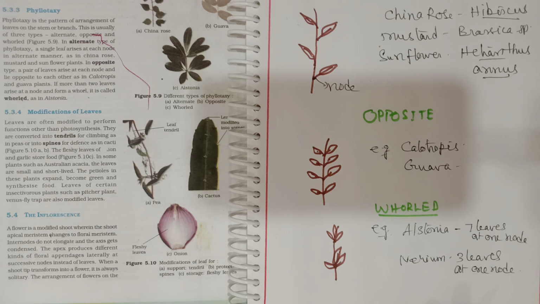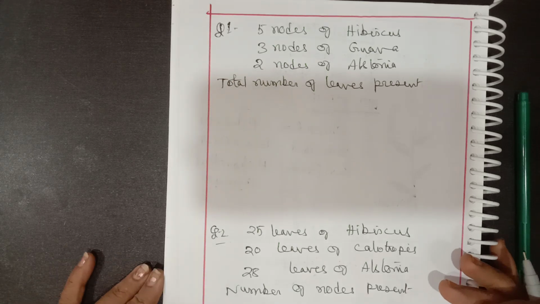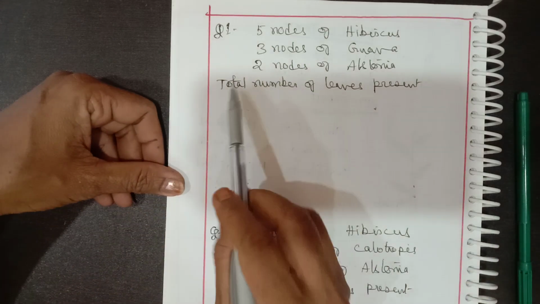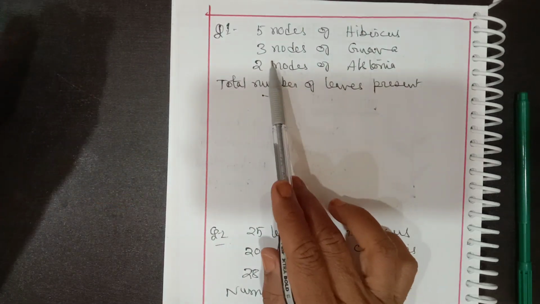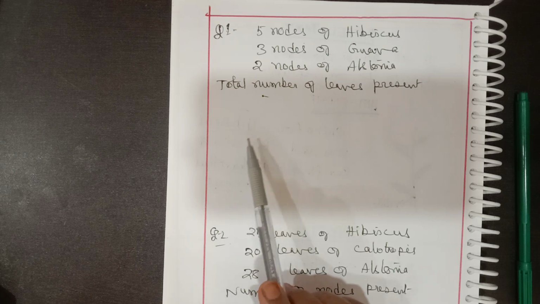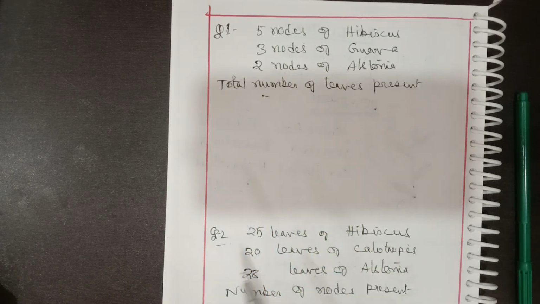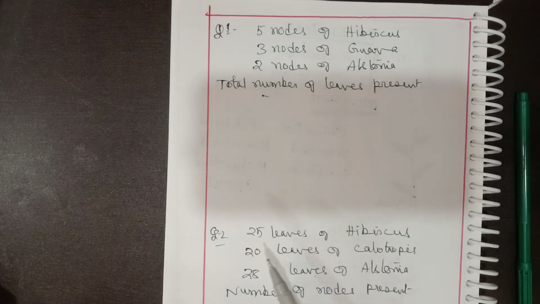Now just a question related to that. Let us discuss just 2 questions based on philotaxy. The first question: there are 5 nodes of hibiscus, 3 nodes of guava, 2 nodes of Alstonia. How many total leaves are present? We know each node of hibiscus has one leaf only.